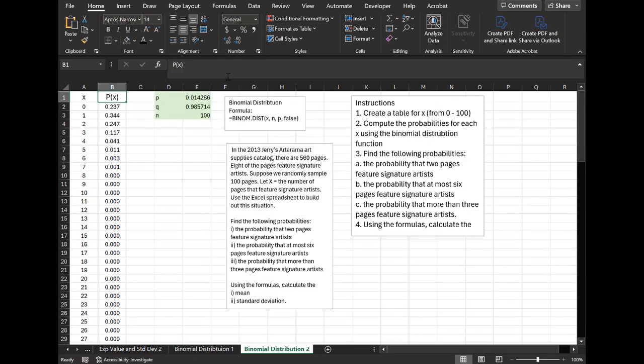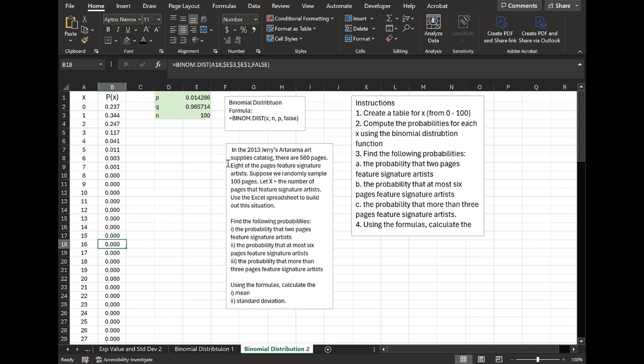So I wanted to examine what happens for all 100 pages, but how many pages had the signature artist? It was only 8 pages that have the signature artist. So out of 100 pages that I'm selecting, in the best case scenario, I would have selected those 8 pages from the signature artist, right?